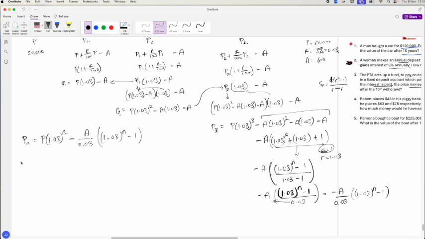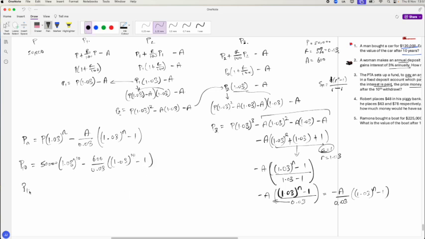And so now we could find P10, which is P, 50,000, times 1.03 to the 10 minus A, which is 600 over 0.03, into 1.03 to the 10 as well minus 1.